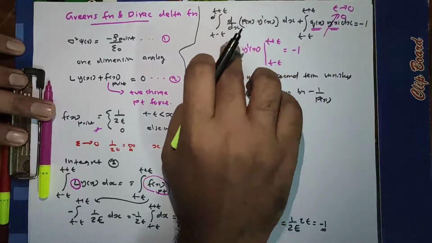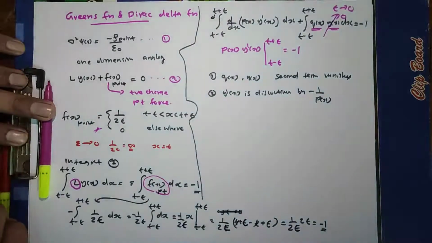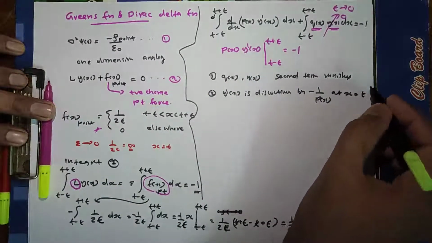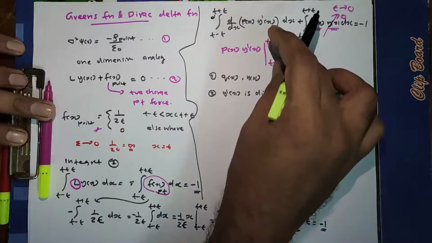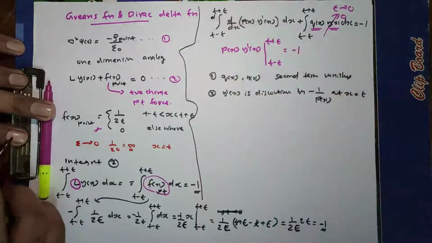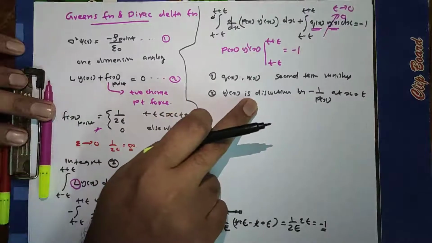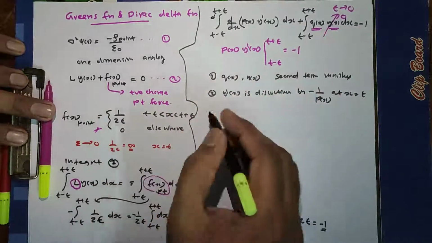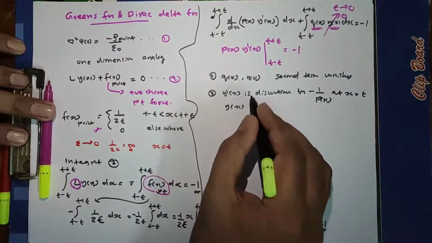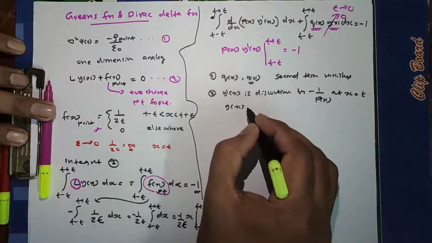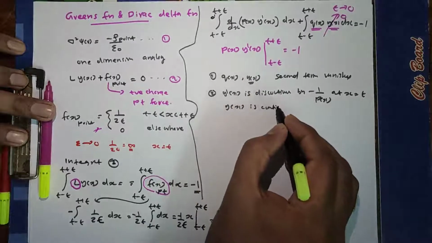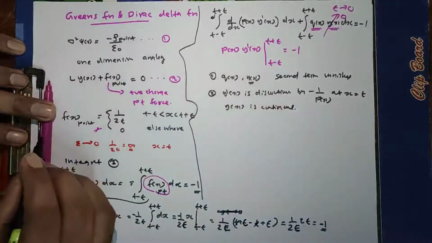If we take y prime x, this p of x comes at x equal to t, because as epsilon goes to 0, x equal to t. So y prime x is discontinuous by -1 by p of x at x equal to t, but y of x is continuous. That is what we assumed: y of x is continuous.